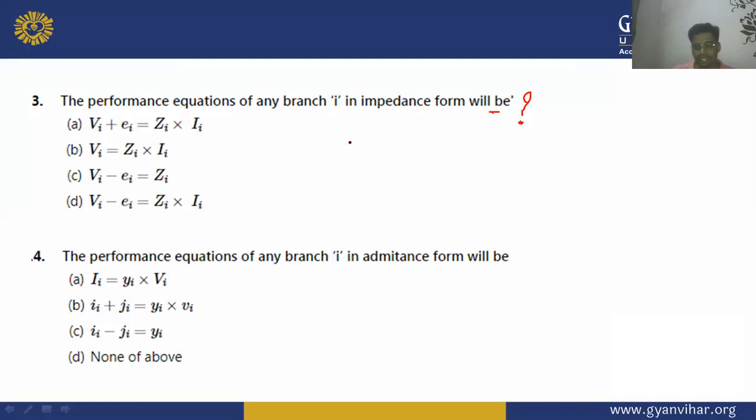Now we know that Vi is generally equal to Zi into Ii. Now it has to be the performance equation. This is not the exact performance equation, but in fact we will be having one more component, that is Ei. So this is your correct answer, that is Vi plus Ei equal to Zi into Ii.